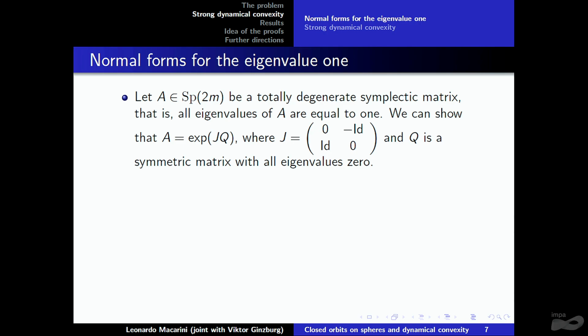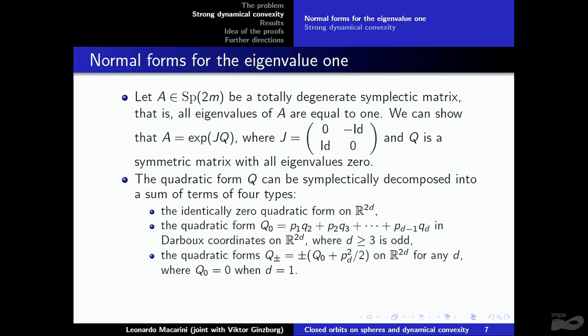Before I show you the definition, I need to introduce some notation. So take a totally degenerate symplectic matrix A, okay? In other words, all the eigenvalues of A are equal to 1. And then we can show that A is the exponential of JQ, where J is a complex structure and Q is a symmetric matrix with all eigenvalues 0.